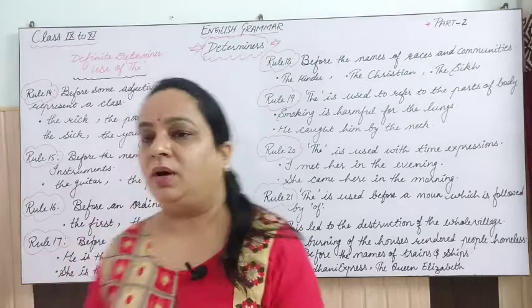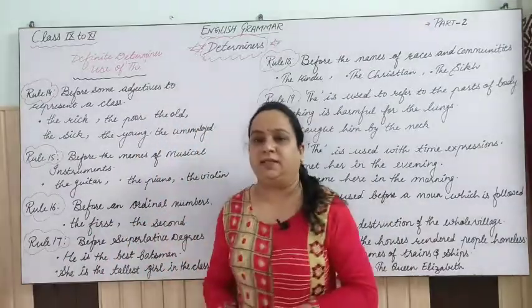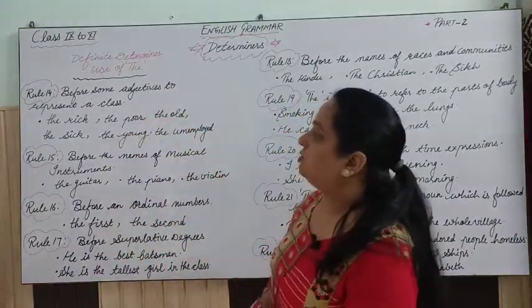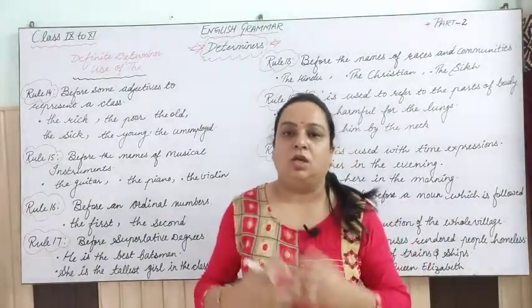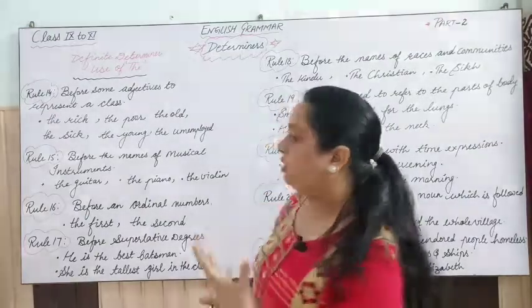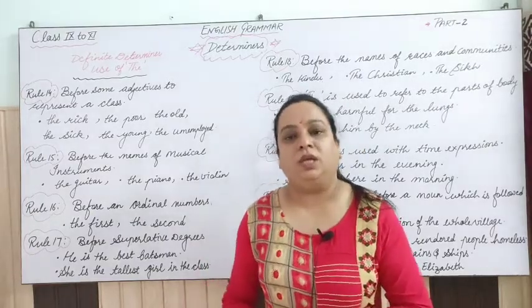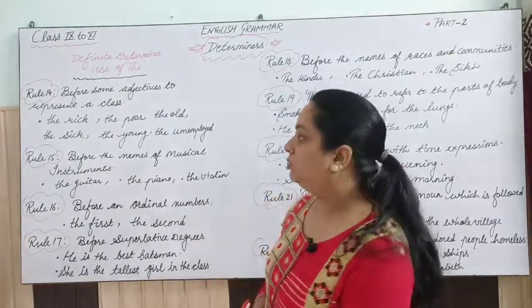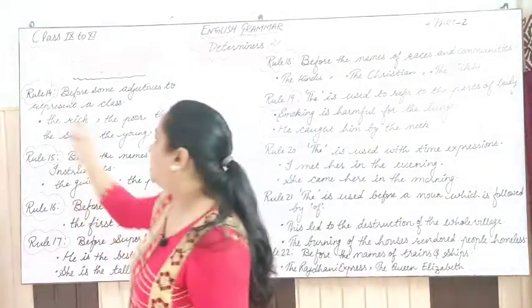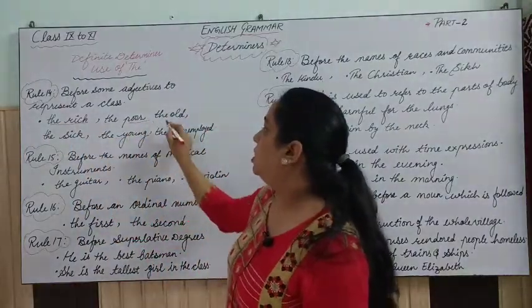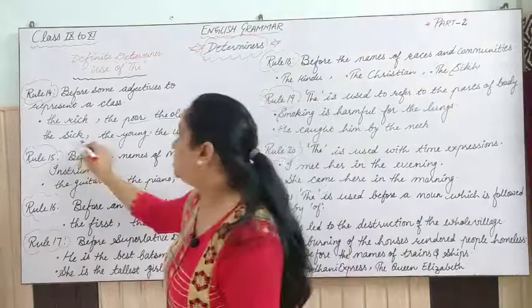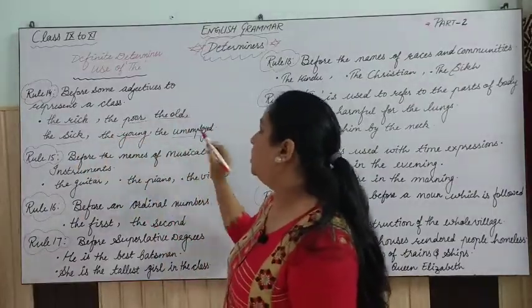When we talk about rule number 14, that says before some adjectives to represent a class. What I want to say is that when we talk about a class of society or a group, there we have to use the. For example, the rich, the poor, the old, the sick, the young, the unemployed.